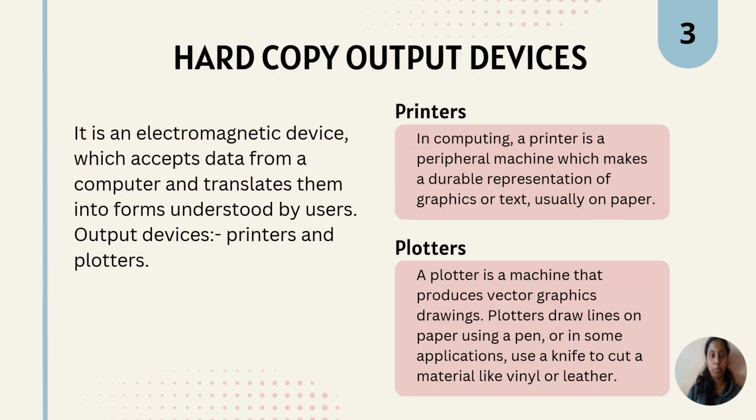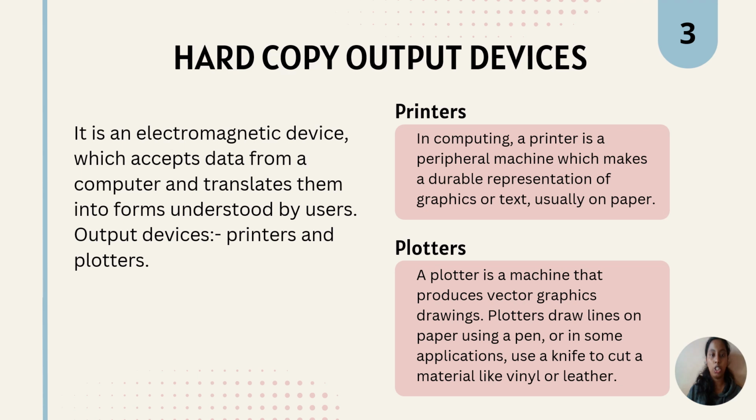It is an electromechanical device which accepts data from a computer and translates them into forms that are understood by the users. Output devices are usually printers and plotters. Printers. In computing, a printer is a peripheral machine which makes a durable representation of graphics or text, usually on paper.